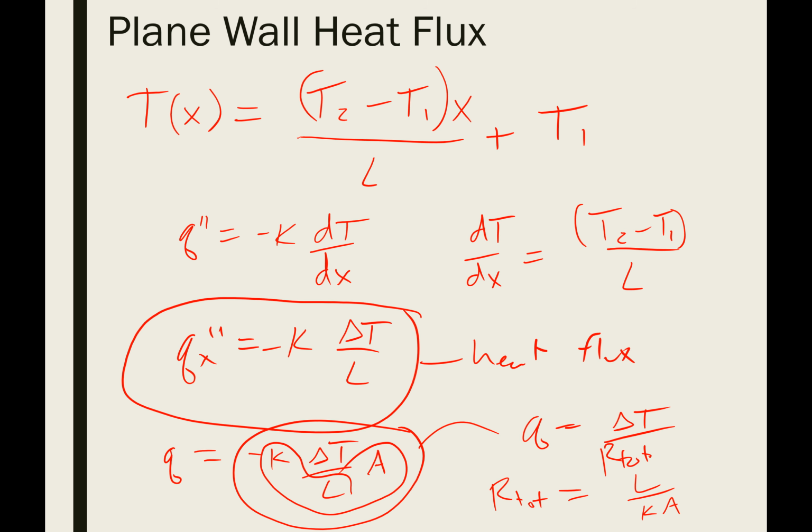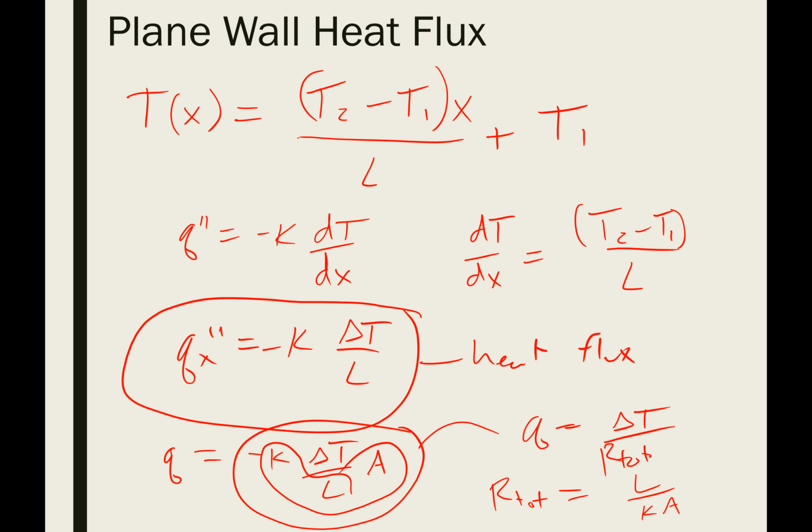So this is a shortcut. I'll get my thoughts together a little bit better and go over this again on Friday. But this thermal resistance for heat flow through a plane wall is just L over k times A. Just to build some intuition, if L gets really big, meaning our wall gets really thick, the resistance to heat transfer is going to go up.